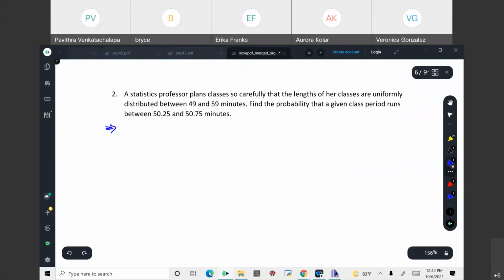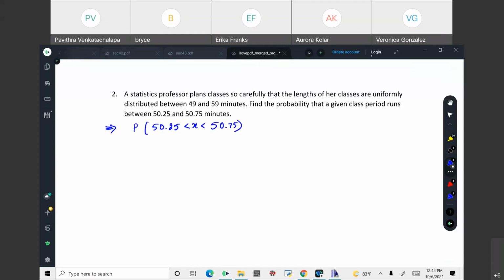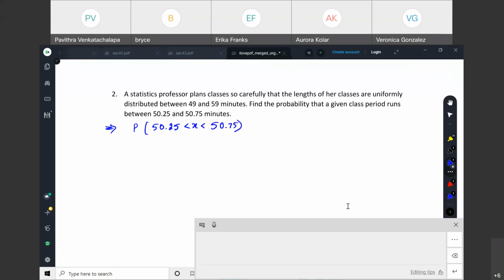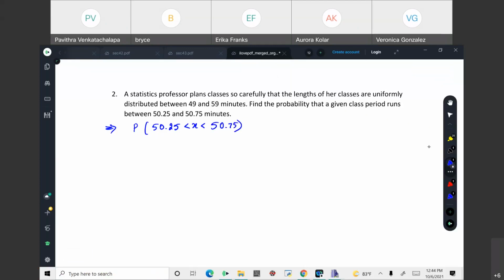Calculate the probability between 50.25 and 50.75 and give me the answer. Always draw the rectangle first and then find the width, height, total area, and then you have to find the probability of it.